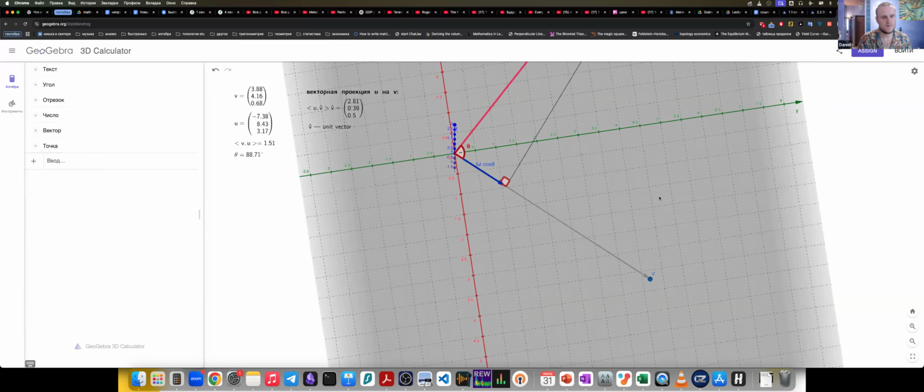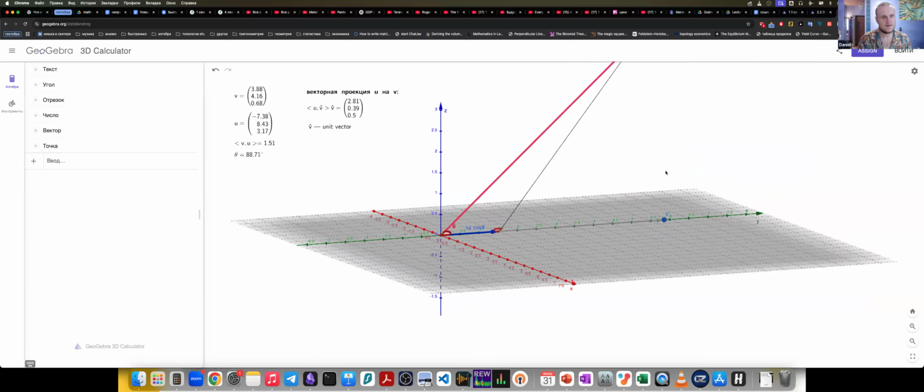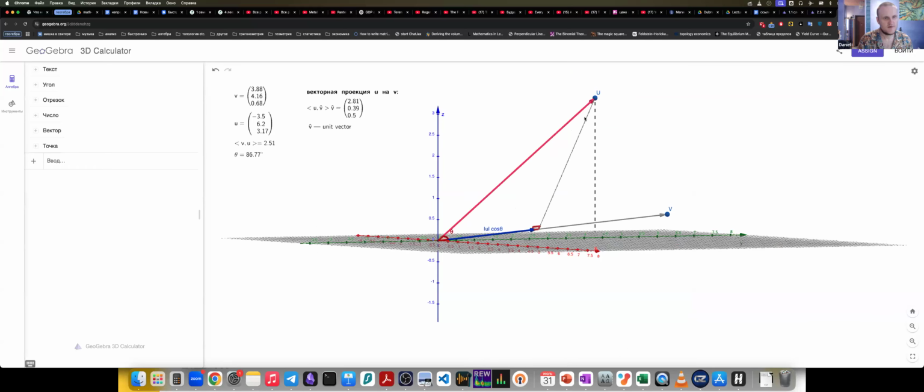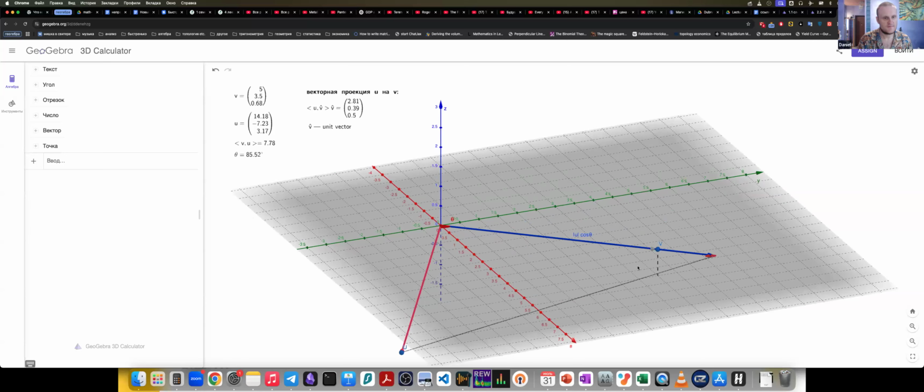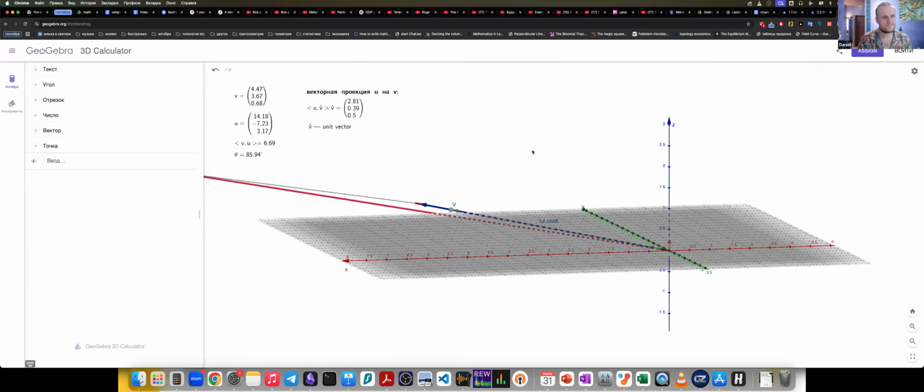And you can play with it however you like. Well, I have played too much here. Okay, we can move V, for example, and get the same result. And here you see all the calculations for that. Okay.